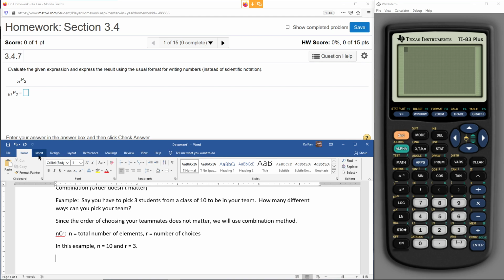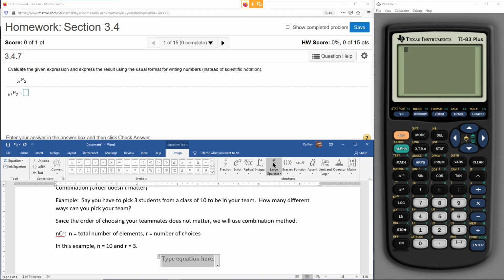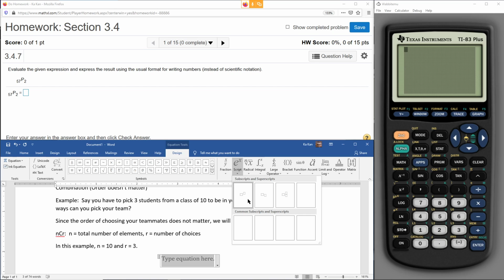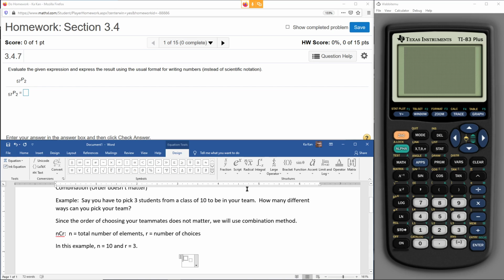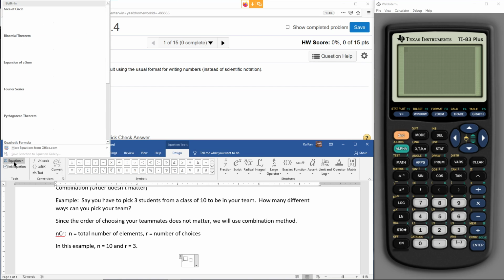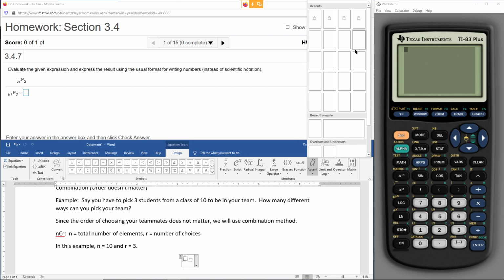Let me see if I can make it into an equation, with a subscript. Not sure if I can do a subscript here.